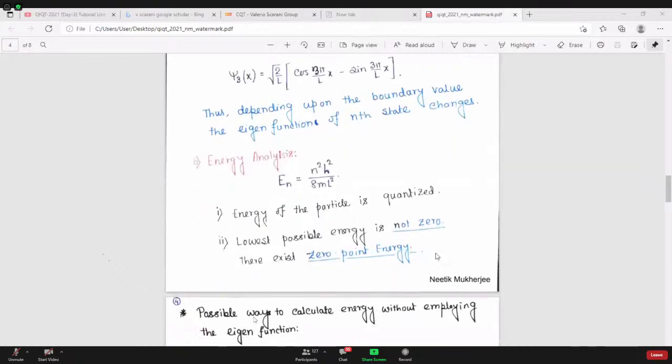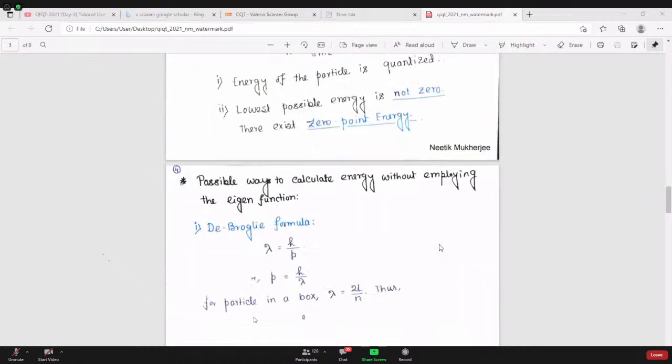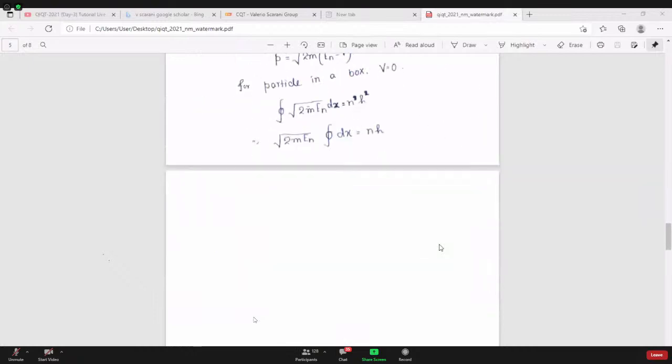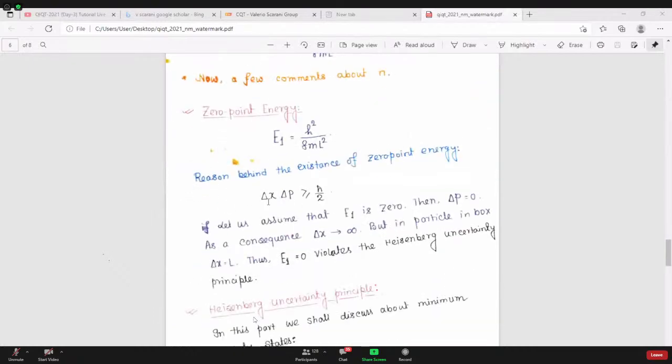So the point is that if your n is 0, that means your total energy is 0. So you have 0 kinetic energy. If you have 0 kinetic energy, then from the delta x delta p expression of the uncertainty principle, your delta p is 0, which means your delta x is approaching infinity.